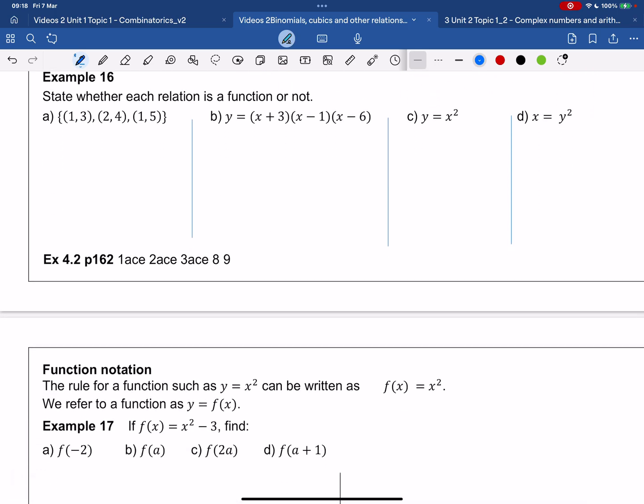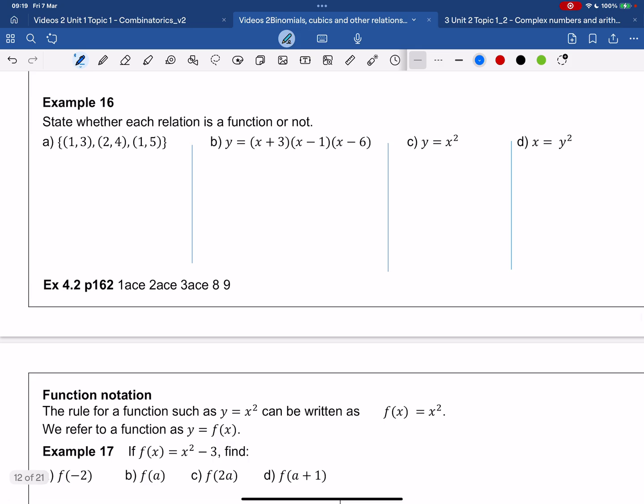Remember that a function has only got one y value for any x value, and we need to figure out whether these are functions or not. Okay, so if I look here, these points, there's (1, 3), (2, 4), and (1, 5).